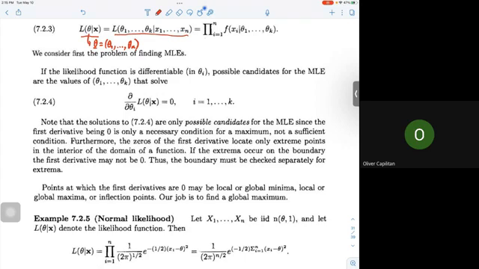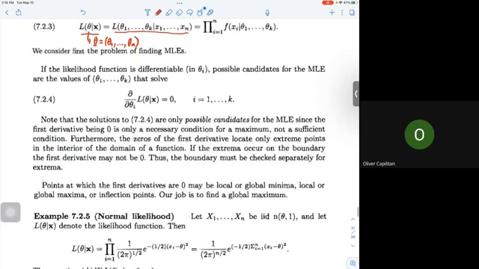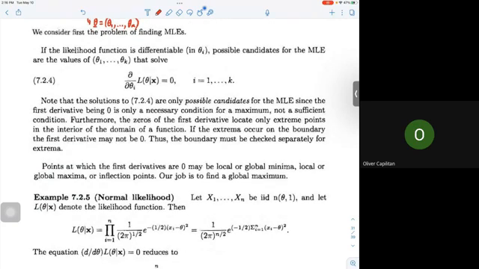In other words, we have k number of equations in our system of equations. Note that the solutions to our system of equations 7.2.4 are only possible candidates for the maximum likelihood estimate, since the first derivative being 0 is only a necessary condition for the maximum.